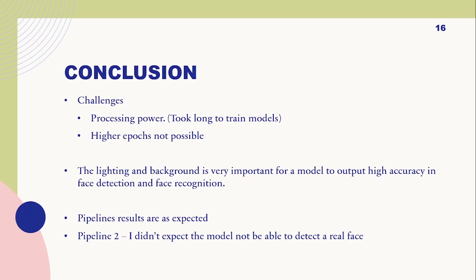One of the conclusions of this experiment is that the lighting and background are very important for a model to output high accuracy in face detection and face recognition, as we've seen in the first pipeline, how much more accurate it is at detecting a face as a real face or a fake face.